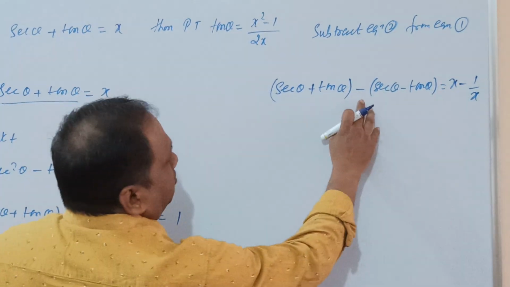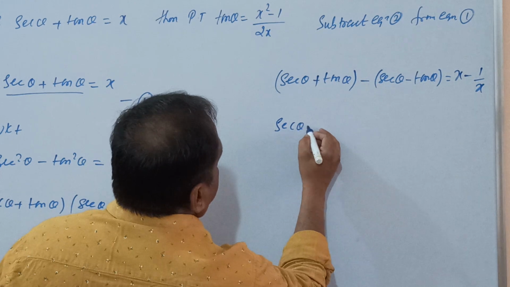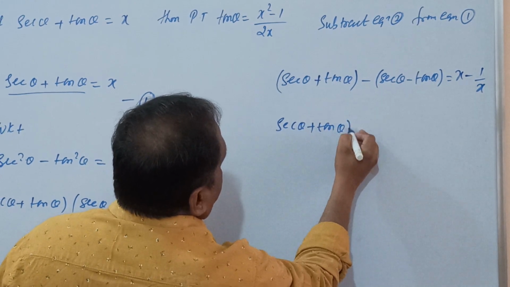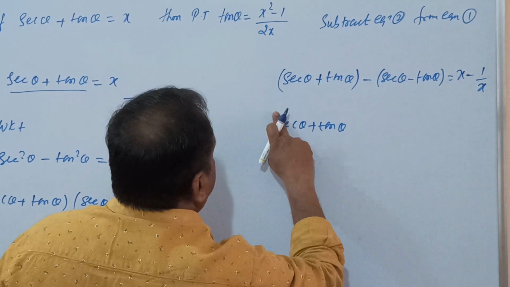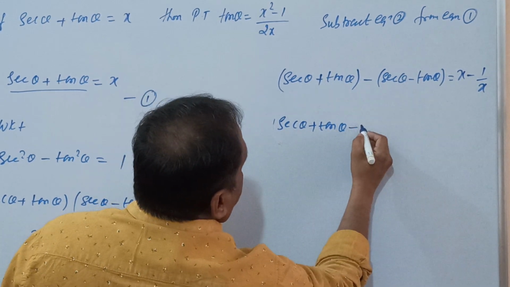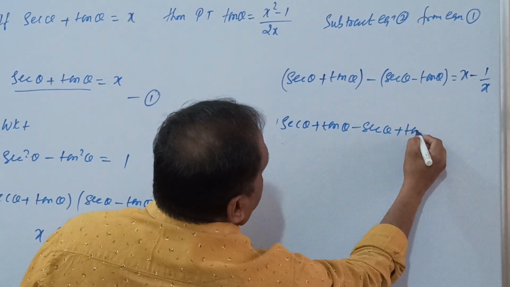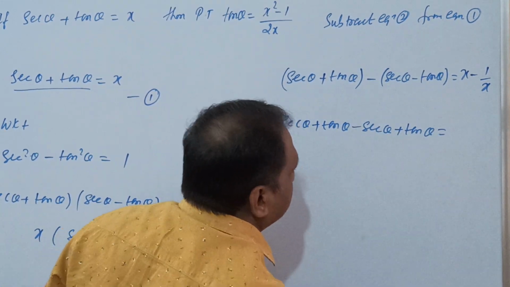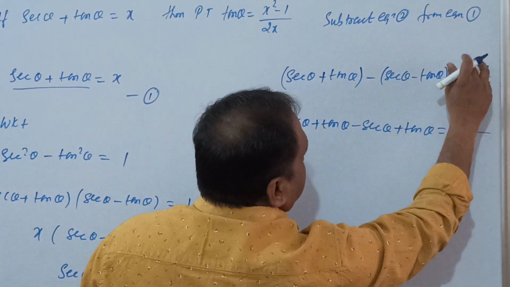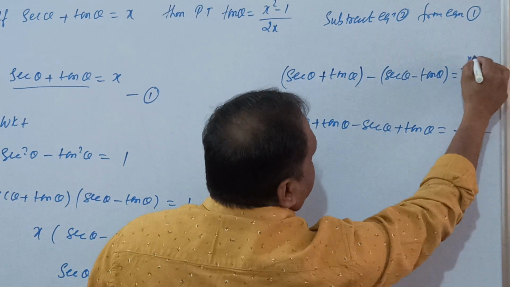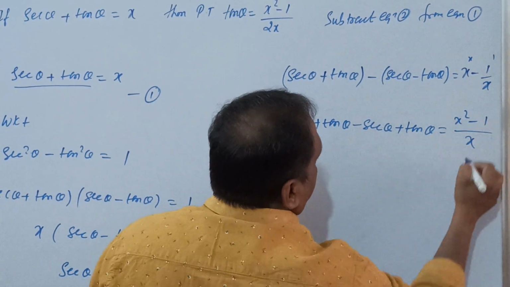So sec theta plus tan theta as it is, minus the bracket. If you remove the bracket, minus sec theta, minus into minus plus tan theta, is equal to, I will take an LCM over here. LCM becomes x: x into x becomes x square, x into 1 becomes 1.